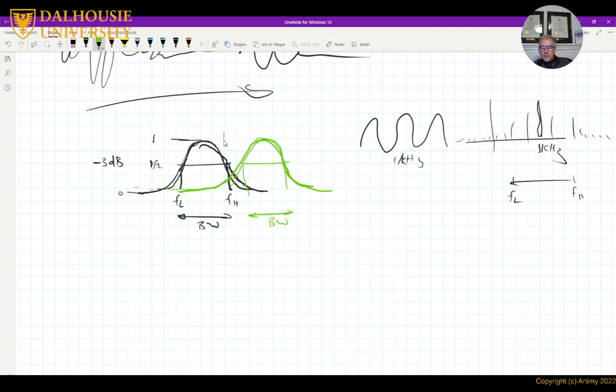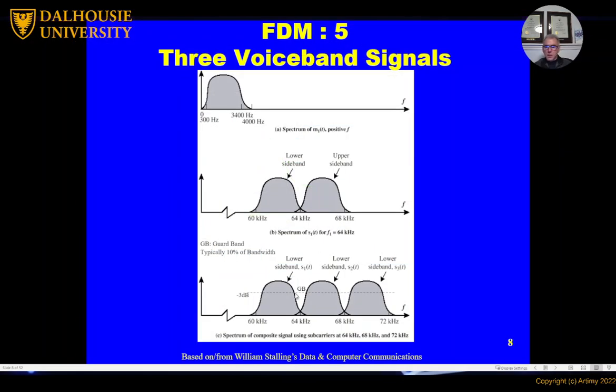And I can leave some space here, call it the guard band. That depends on the design, right? I may make it small, I may make it big, but that's what I do. Here you can see that the guard band is between this point and this point. These are considered the half power points.